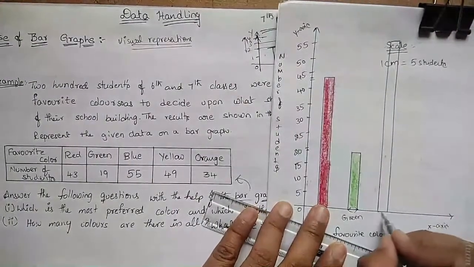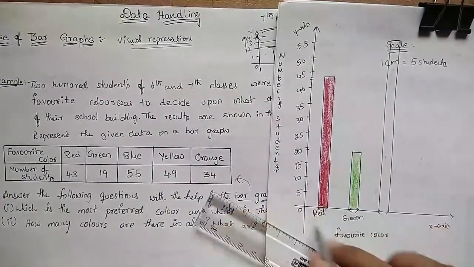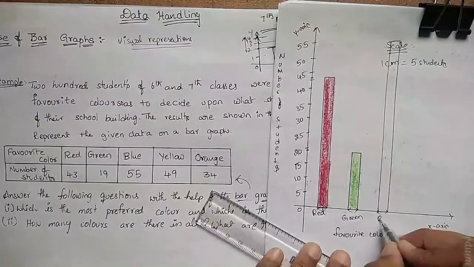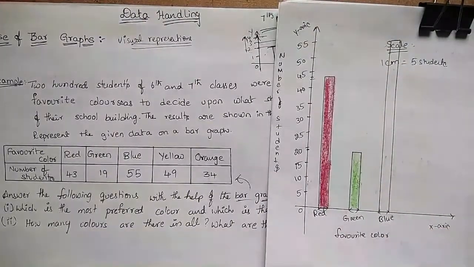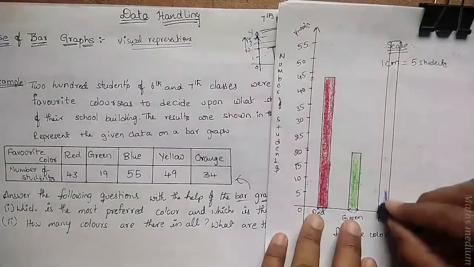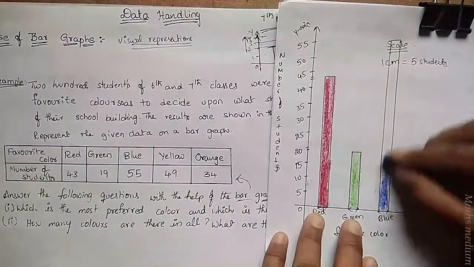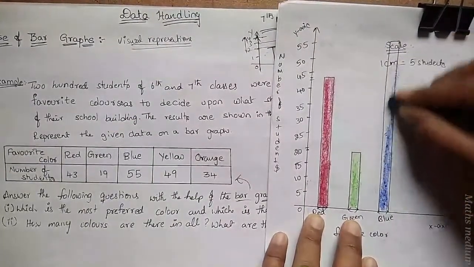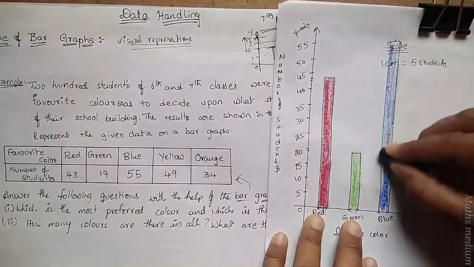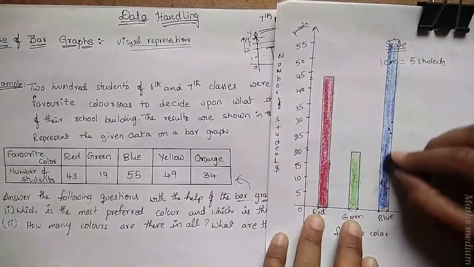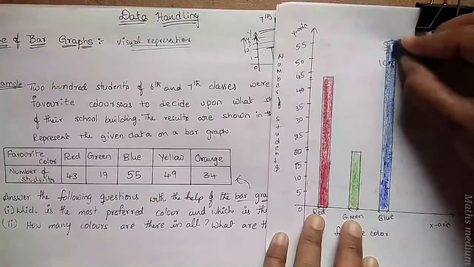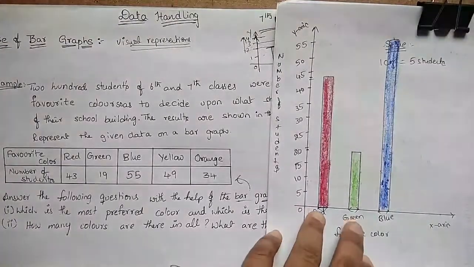So the width is the same for red and green also. Blue color, so mark with the blue color like this up to 55. So this was the 55.